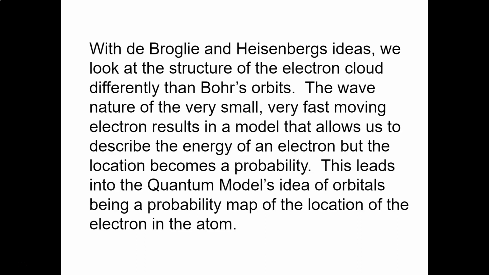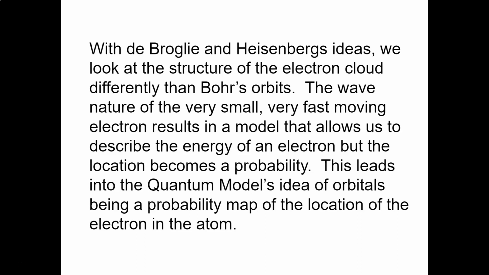All right, so let's take these ideas from de Broglie and Heisenberg and combine them into something useful. If we look at the structure of the electron cloud, it's going to be different than Bohr's orbits. The wave nature of the very small, very fast-moving electron results in a model that lets us describe the energy of the electron, but the location becomes a probability.